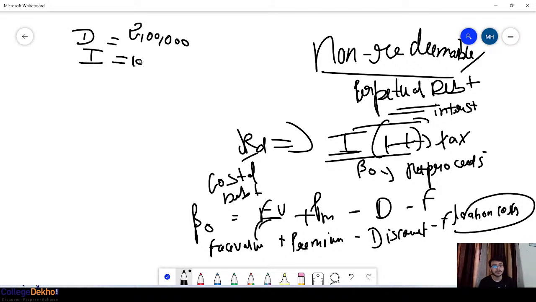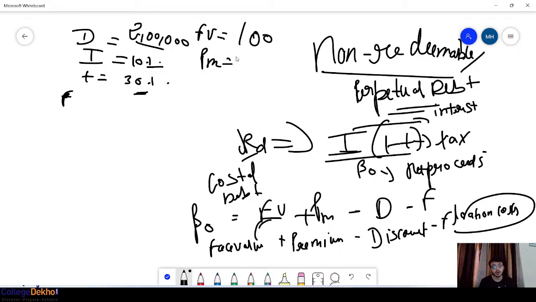Interest that the company has to pay is 10% on that. Tax rate is 30%. The company has issued a debt for 2 lakh rupees, having a face value of 100, paying interest rate of 10%, tax is 30%. Now this debt of 2 lakh of face value of 100 was issued at a premium of 10% and the flotation cost were 8%.